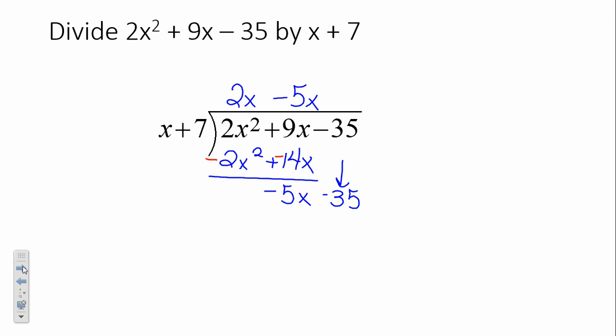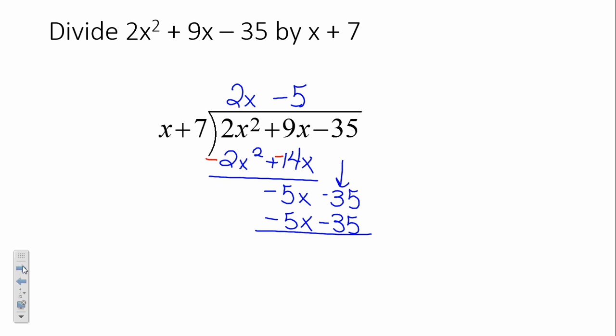So negative 5x has to be taken times that x to make that go away, to eliminate it. Yep, make a match. It's just a negative 5. So when I multiply x by negative 5, I get negative 5x. When I multiply 7 by negative 5, I get negative 35.